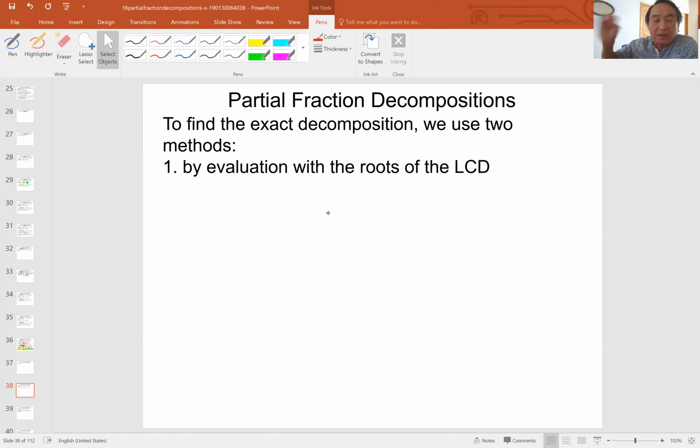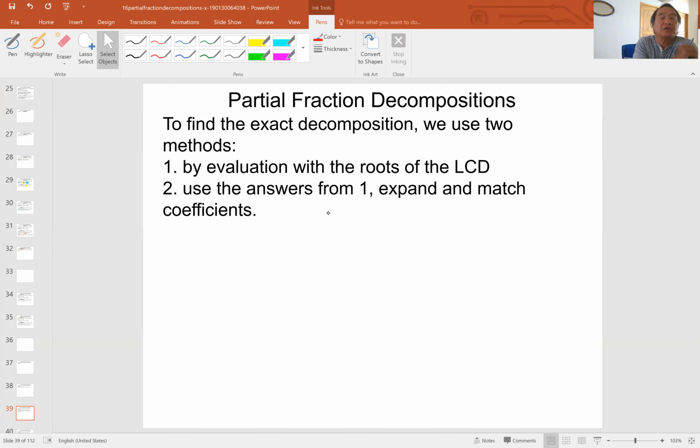You find those numbers first, put them back into the form, and clean it up. Then you try to fish out the other ones that are harder to do, and those you do by comparing the coefficients of the left and right hand sides. So the second way is the expand and match coefficients method. Okay, so here we go.